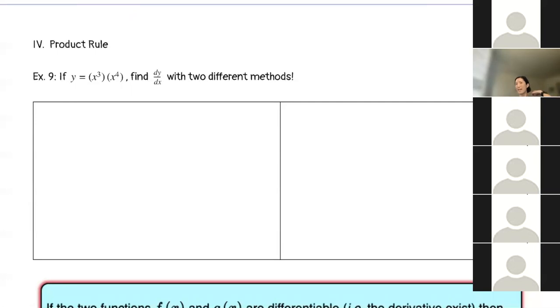So earlier I said, hey, when we're adding and subtracting, we can just take all the derivatives and then string them all back together. All is fine and good, okay? However, when we are multiplying, that is not the case. I cannot stress this enough.